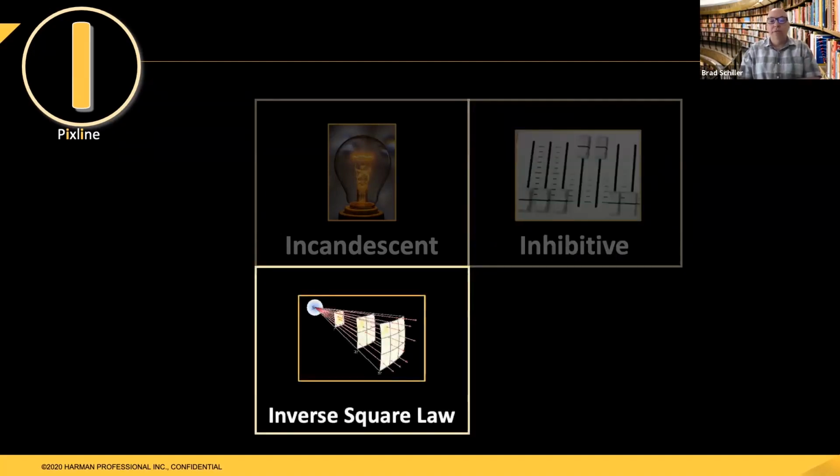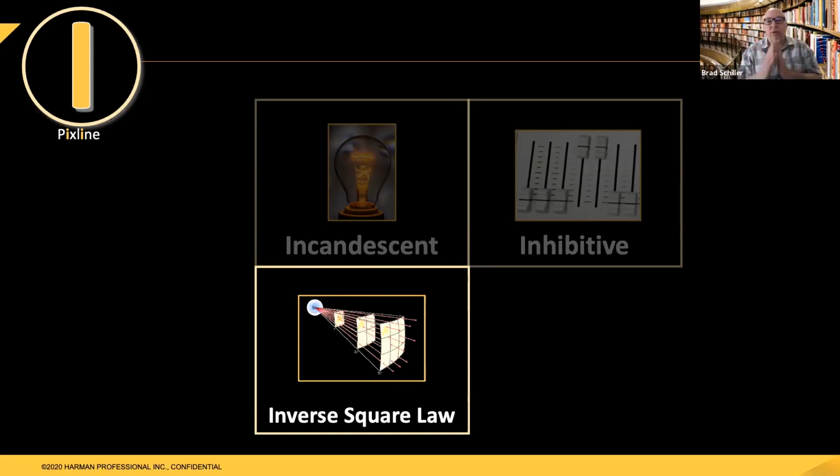Something that really drives light is called the inverse square law. And this is something that was defined a long, long time ago. We won't go into the history of that too far, but it's used to determine the falloff or the distance of illumination of a subject as it moves closer or further from a light source. We can make use of the inverse square law to understand how bright something will be at a distance.